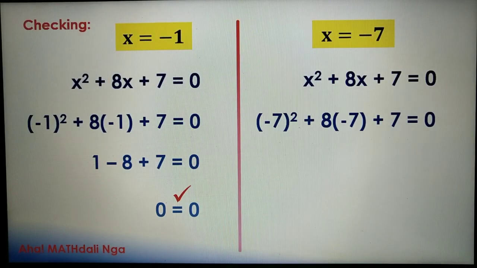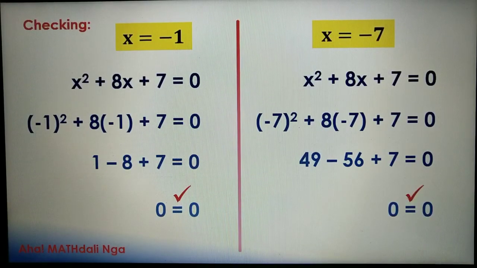The square of negative 7 is 49. Positive 8 times negative 7 is negative 56. Copy plus 7 equals 0. Let's continue. 49 minus 56 is actually negative 7 plus 7 is equal to 0. And that is true. 0 is equal to 0.